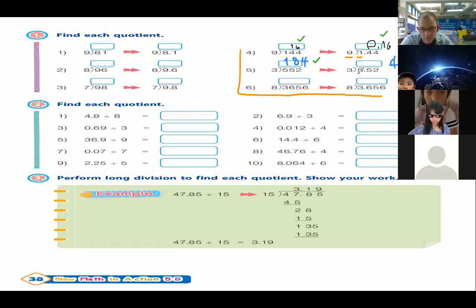Why? Look at the number. The 3 is smaller than the 5, so our number must be higher than 1. Here the 9 was higher than the 1, so our answer will be lower than 1.